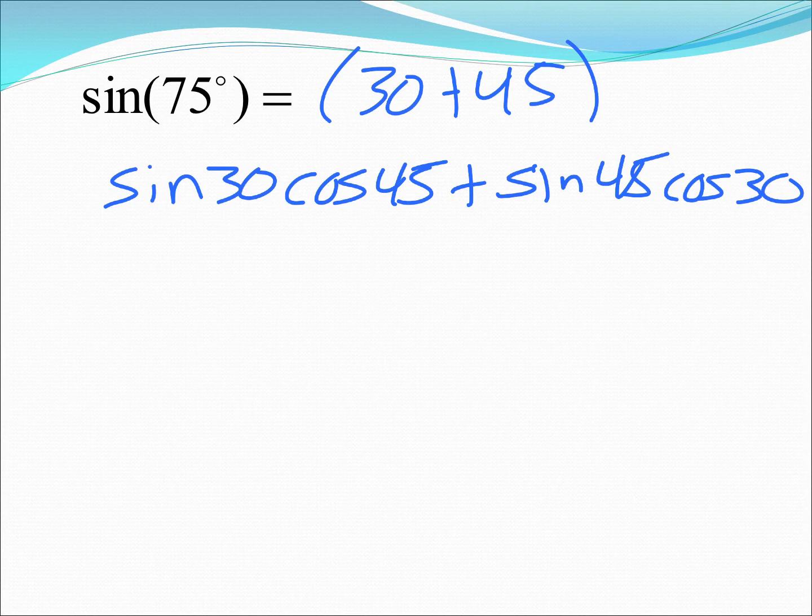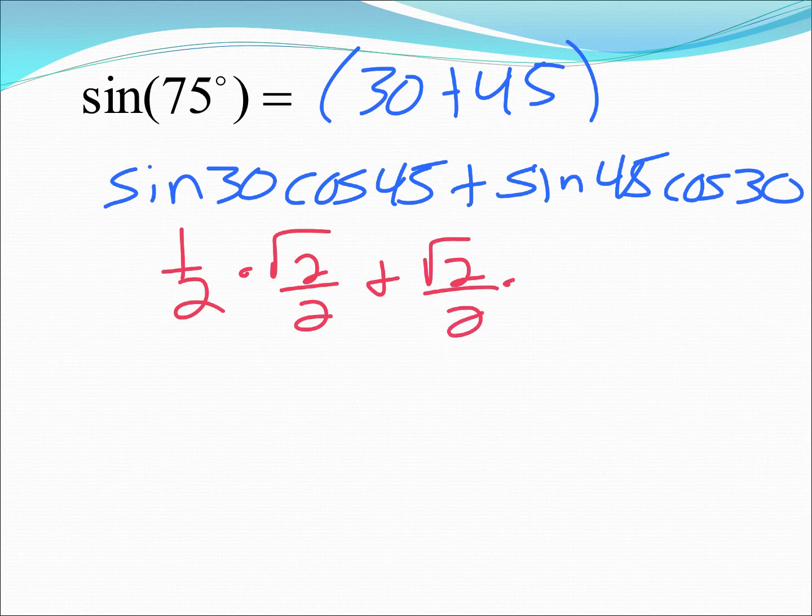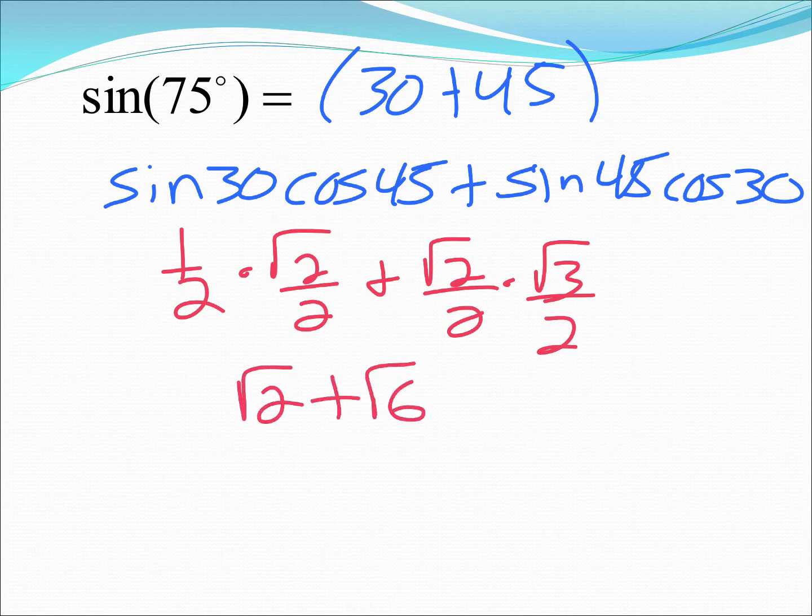So we have the sine of 30, which is 1/2, the cosine of 45 is radical 2 over 2, plus the sine of 45, which is radical 2 over 2, times the cosine of 30, which is radical 3 over 2. When we simplify this, we get radical 2 plus radical 6 over 4. And then we have something for the sine of 75 degrees.